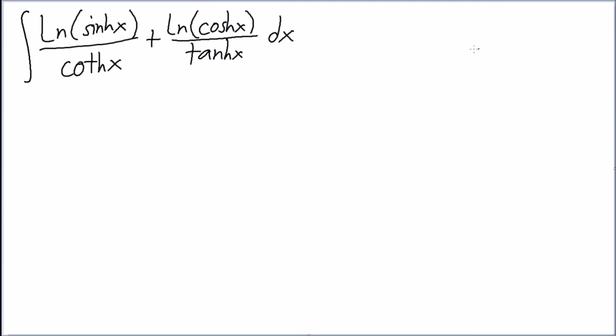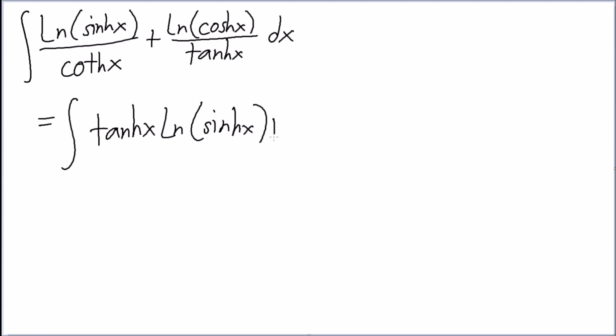Let's see, we know that ln sinh, if we differentiate that, that's what, coth? I think if we do this, it's kind of easier to see. I think you know where this is going.